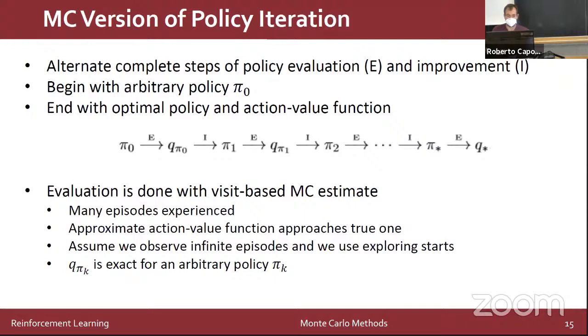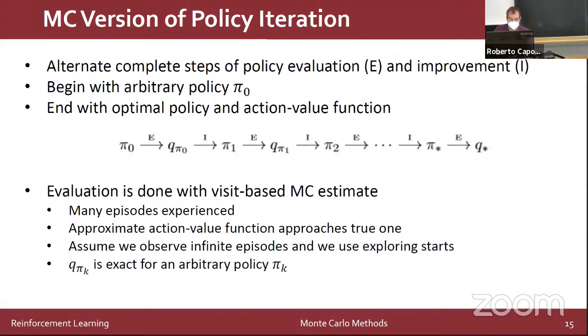What does it mean? We start with any policy, for example a random policy, and by alternating between evaluation and improvement, we will end up with an optimal policy and an optimal action value function. It will be converging to the optimal ones slowly, and eventually it will converge.